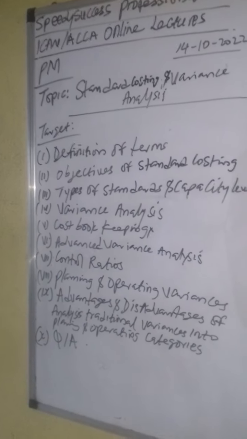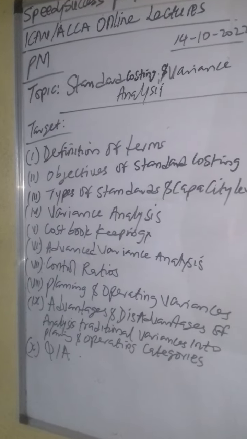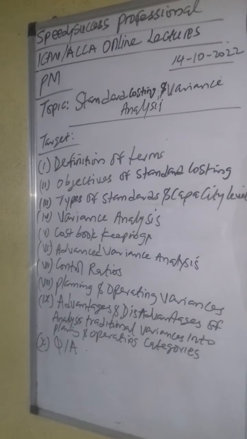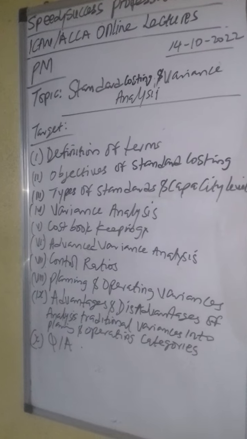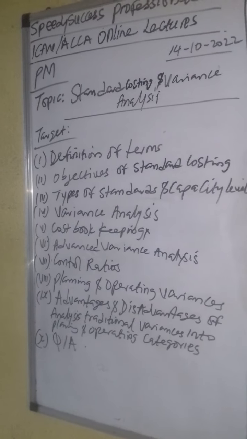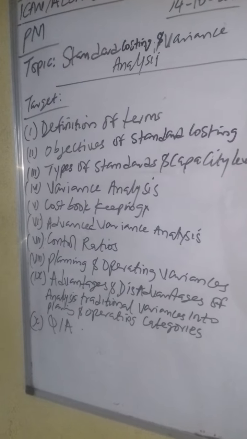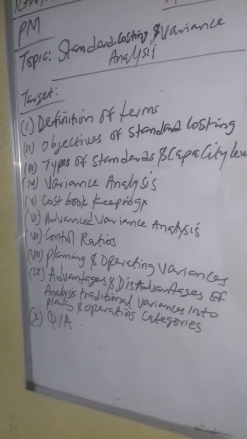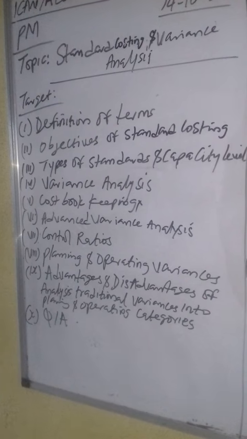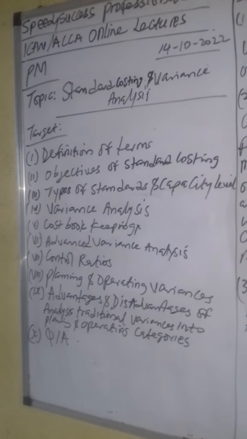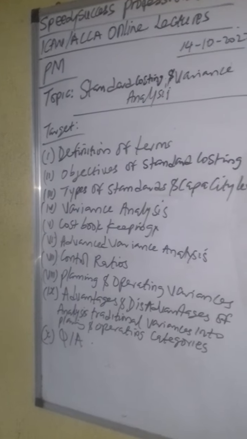How do we keep the book? And then we take ourselves to the advanced variance analysis, control ratios, planning and operating variances, advantages and disadvantages of involving traditional variance analysis with planning and operating categories. And we'll do our practice questions.